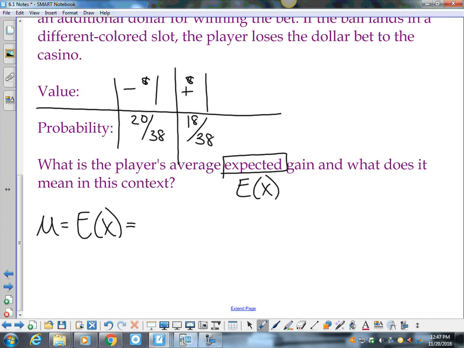Okay, now, how can I find my average? Think about what we just did with your GPA or with your tests and your quizzes. I can have an outcome of -1, but what's the weight behind that -1? What's the probability that that could happen?